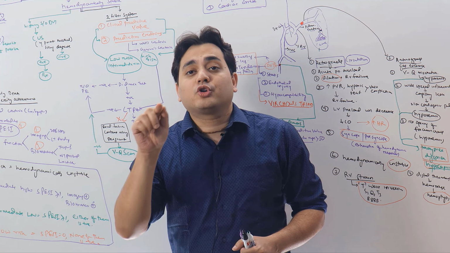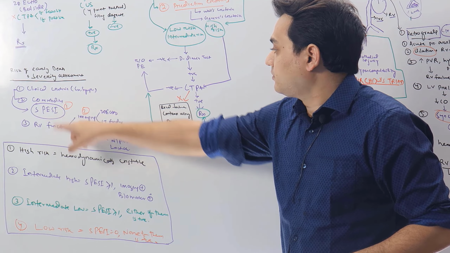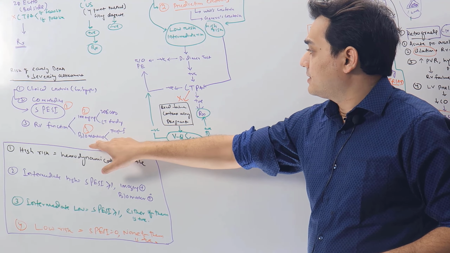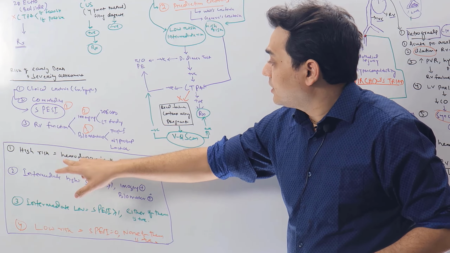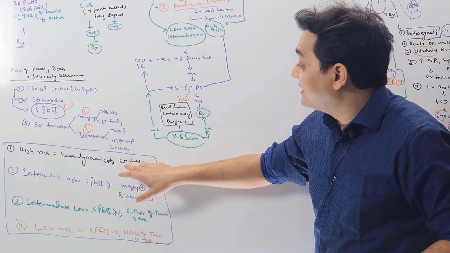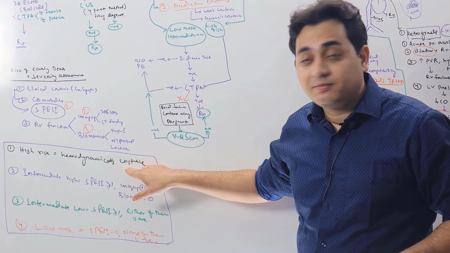And for that, we use 4 methods or 4 criteria. 1, clinical criteria. 2, comorbidities. You can add these 2 things, what we call the simplified PESI criteria. Then you have to assess the RV function using imaging and biomarkers. Those patients who are high risk are the hemodynamically unstable patients. They are the patients who are going to die in the hospital.